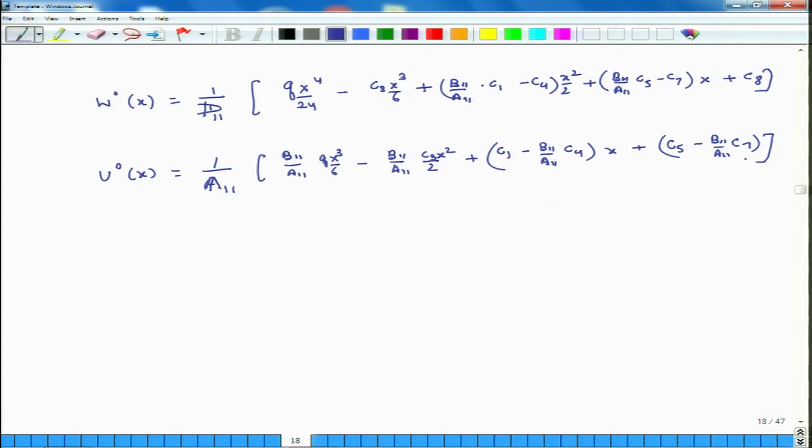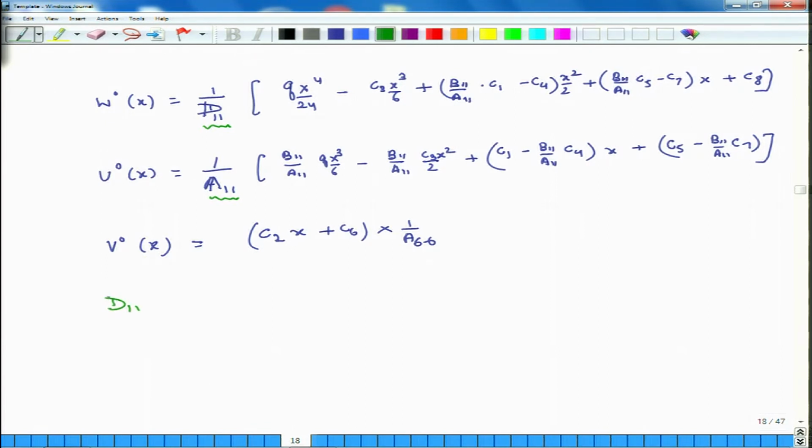Okay. And then of course, our v, what is v naught? It is equal to c2 x plus c6, times 1 over a66, and I have defined these script d11 and script a11. So, what are these?